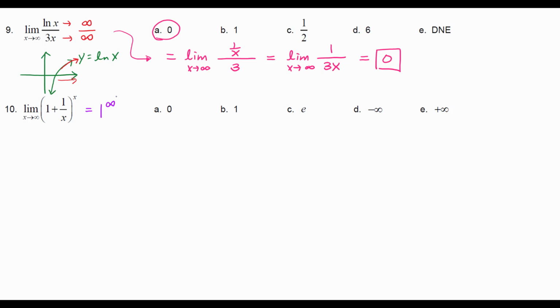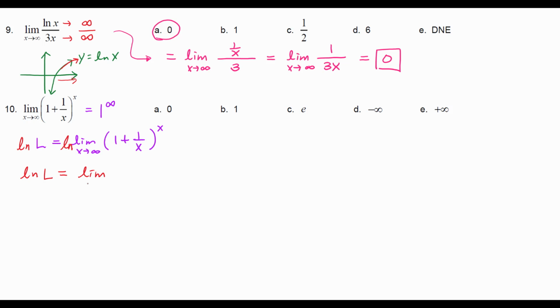When we have 1 to the infinity, what we did was we let this limit equal L. So L equals the limit as x approaches infinity of the quantity 1 plus 1 over x to the x power. And the next step was, yes, we took ln of both sides. And then your next step after that was you switch the limit and ln notation.